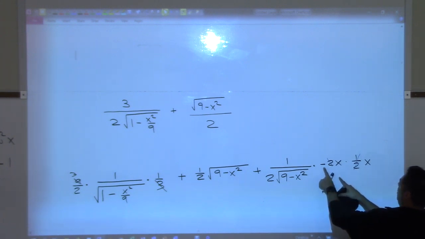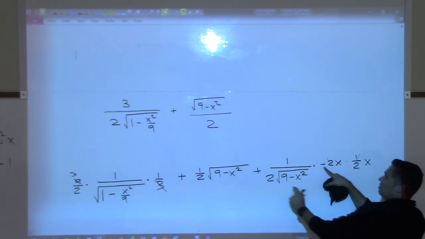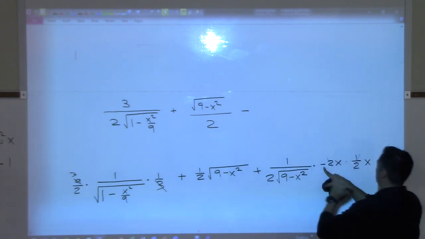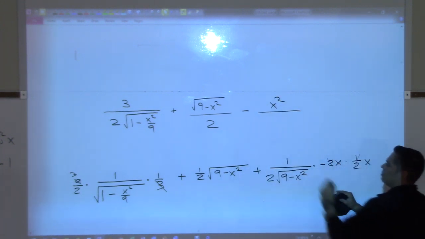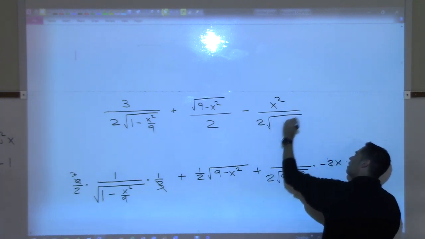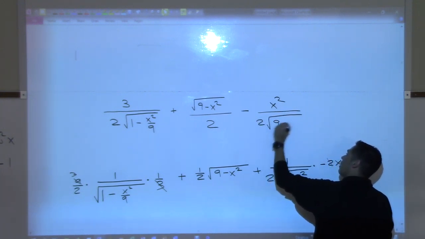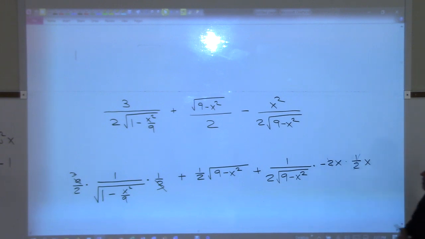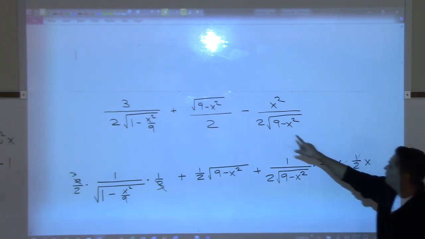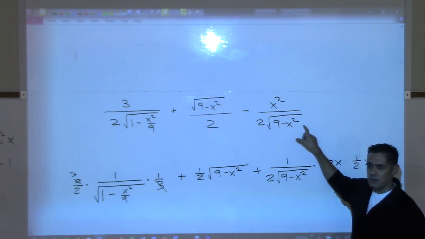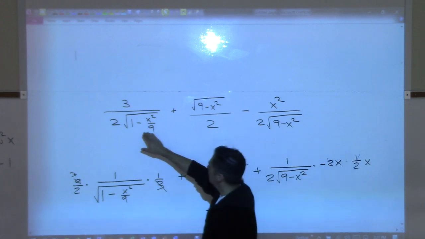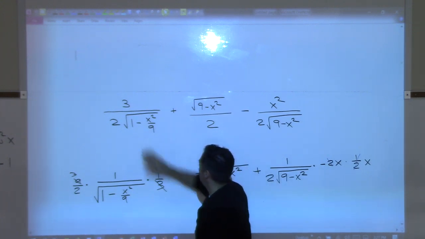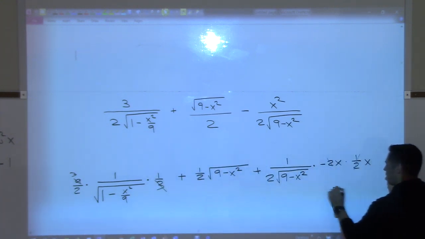What about this minus though? Right, so minus, on top we have x squared. On bottom we have 2 root 9 minus x squared. Okay, I'm going to try and get a common denominator of 2 root 9 minus x squared, right? The problem is this one isn't quite that, is it? Yeah, so let's do this.